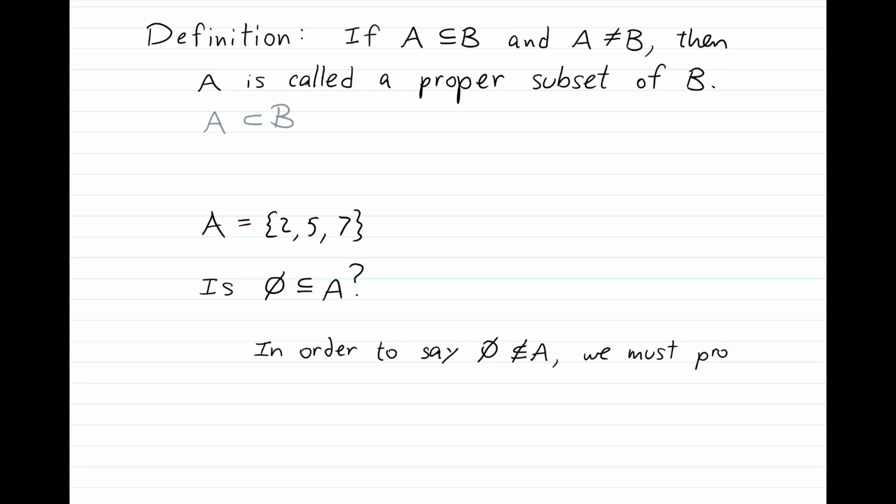We must produce an element of the empty set that is not an element of A. And we can't do that.